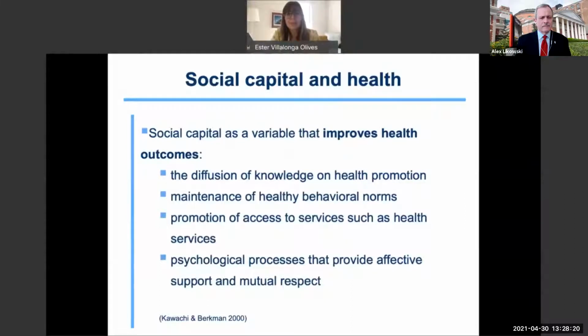Social capital may benefit members of a community through different mechanisms, and these mechanisms involve social capital positively affecting health. So for example, through the diffusion of knowledge on health promotion, or through the maintenance of healthy behavioral norms, or by promoting access to services such as health services, or with psychological processes that provide effective support and mutual respect.